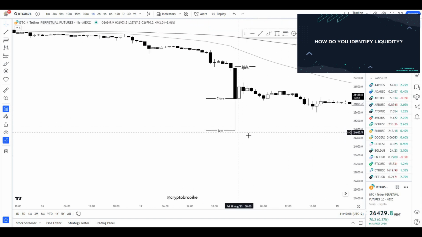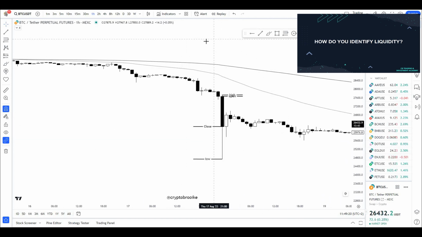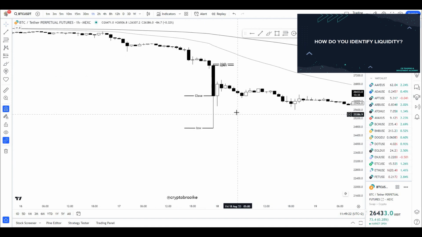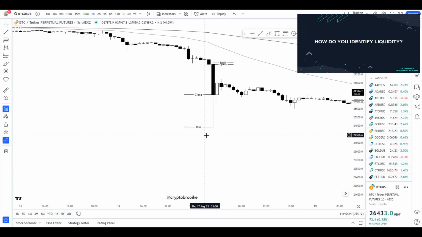And then liquidity means nothing more than an area of buying on the low, or an area of selling above, where most traders will put their stop loss.